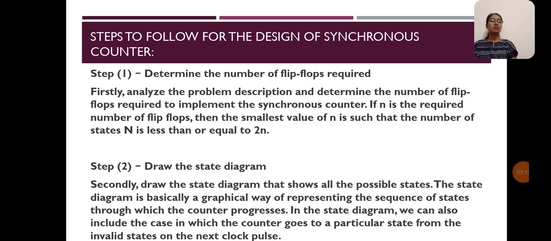The state diagram is basically a graphical way of representing the sequence of states through which the counter progresses. In the state diagram, we can also include the case in which the counter goes to a particular state from invalid states on the next clock pulse.